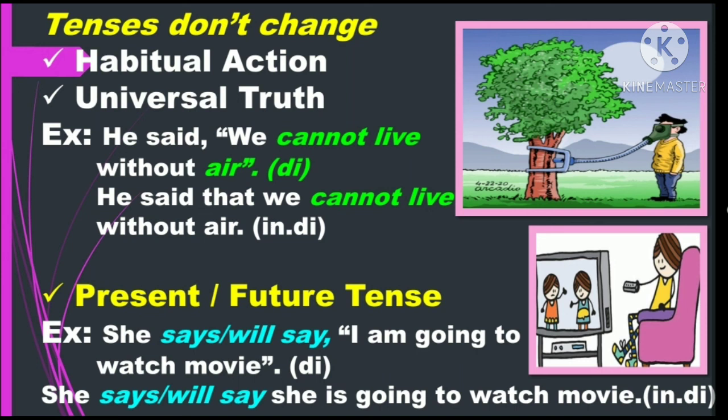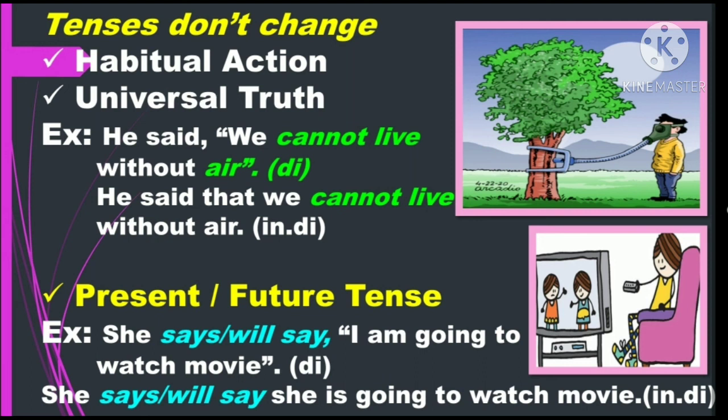Look at the example. He said, "We cannot live without air." So that is a universal fact or truth. So we need not give any change when it goes to indirect speech. He said that we cannot live without air.